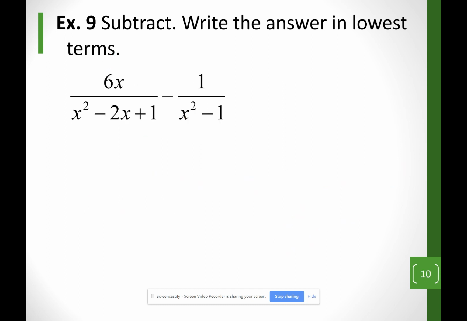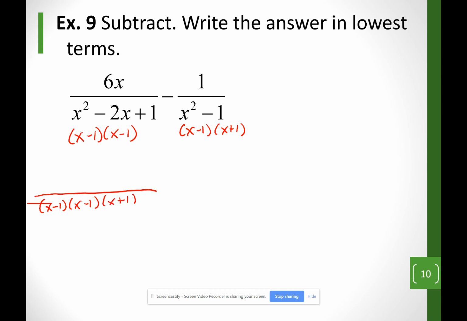Now here, to my first fraction, the denominator, I can see is x minus 1 twice. My second fraction, my denominator is x minus 1, x plus 1. So my least common denominator will be x minus 1, x minus 1, x plus 1.